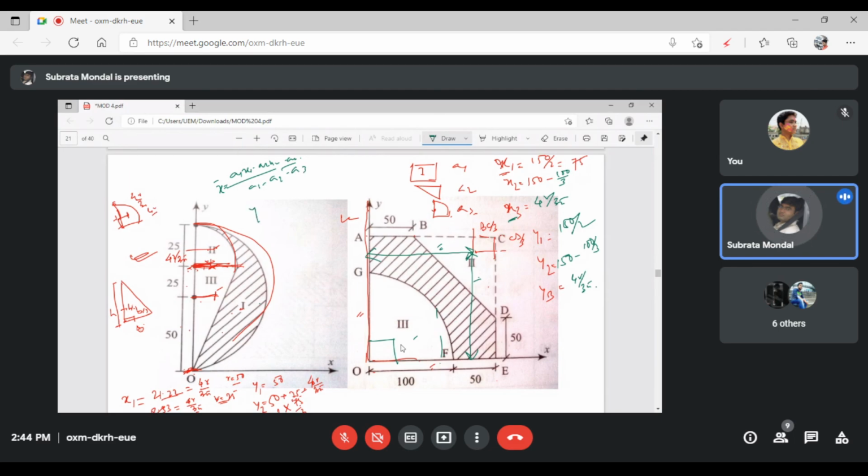In a similar fashion y bar will be a1 y1 minus a2 y2 minus a3 y3 divided by a1 minus a2 minus a3. Is that clear? So this is the equation.